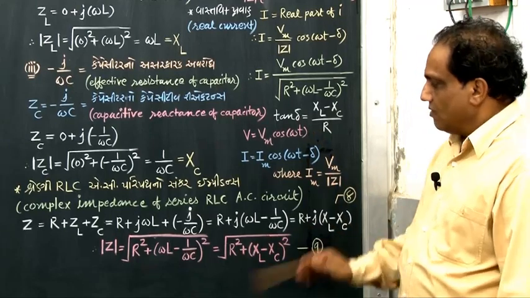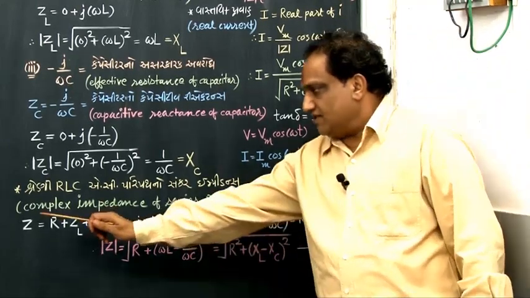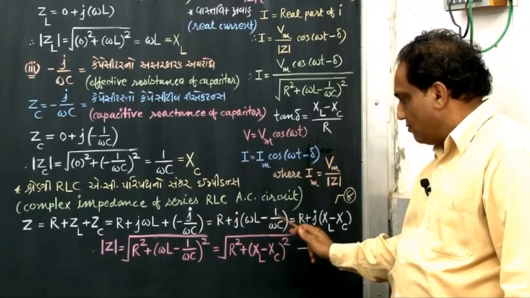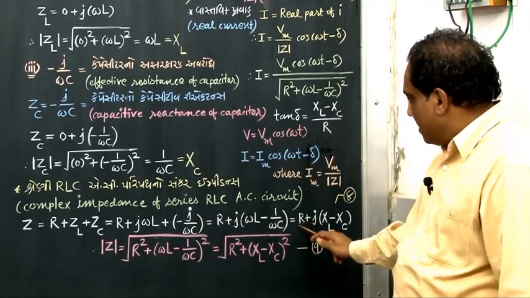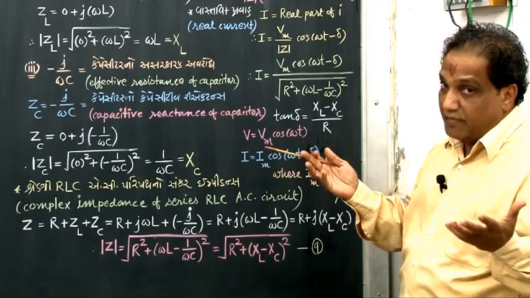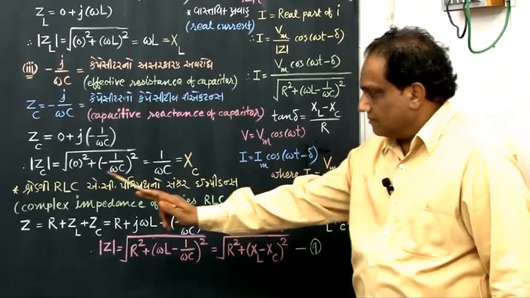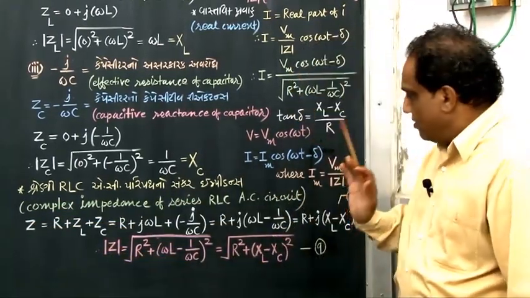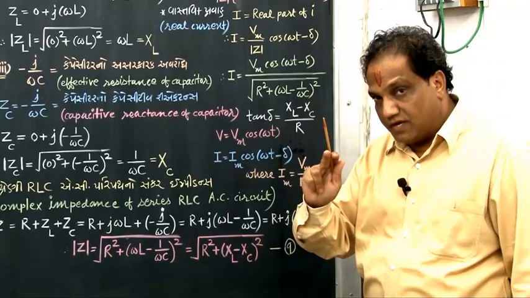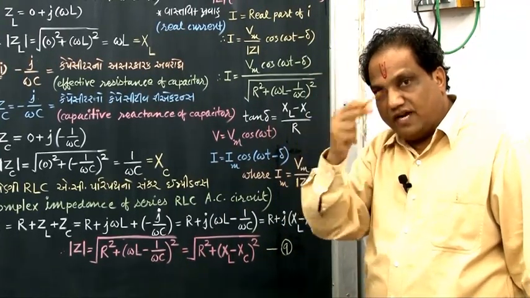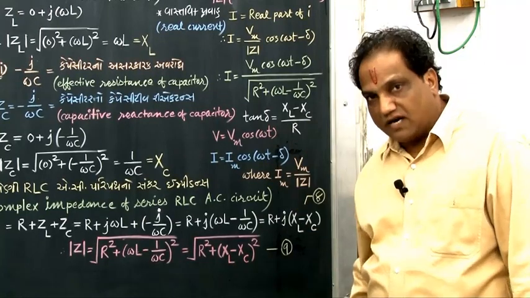Fine. Now tell me, if the Z formula is this, R plus j into omega L minus 1 upon omega C, or R plus j into XL minus XC, what about its magnitude? Come on, take the magnitude here. So it is now mod of Z. When you take the magnitude of a complex number, you know it is the square root of the sum of squares of its real and imaginary parts.